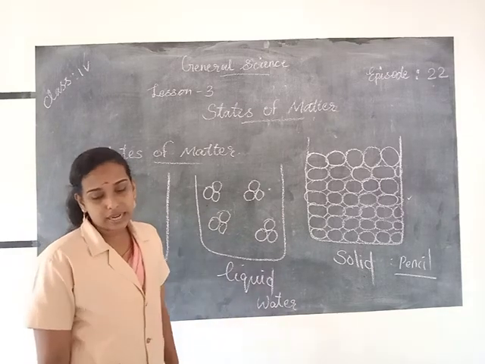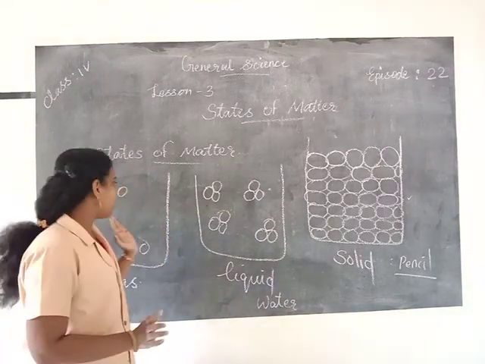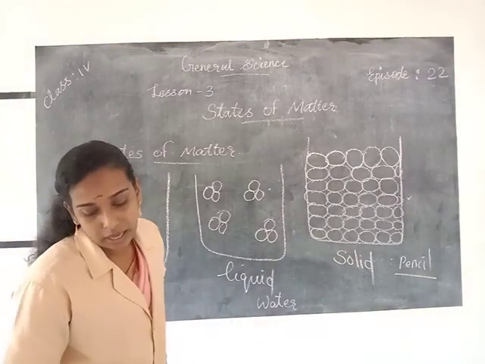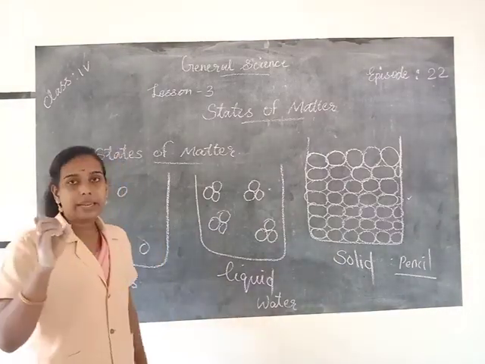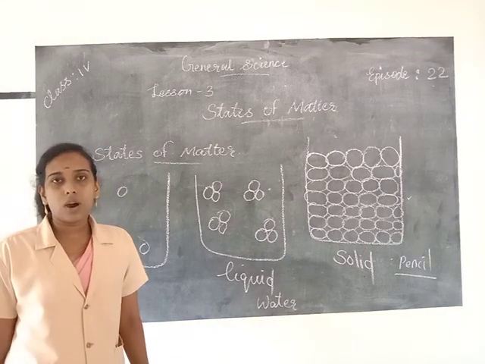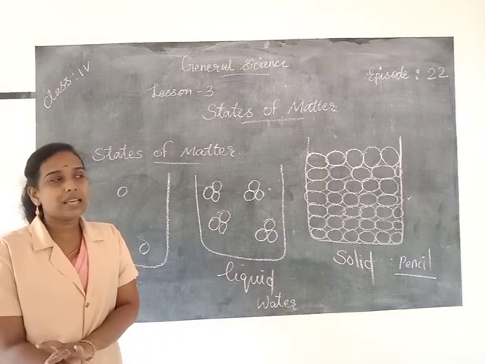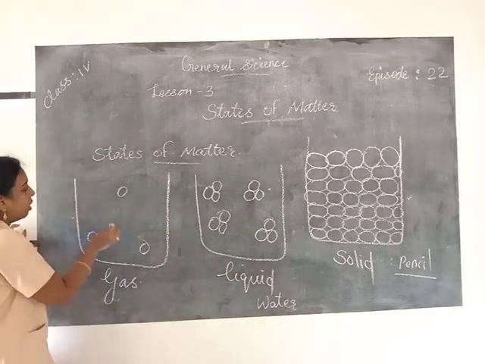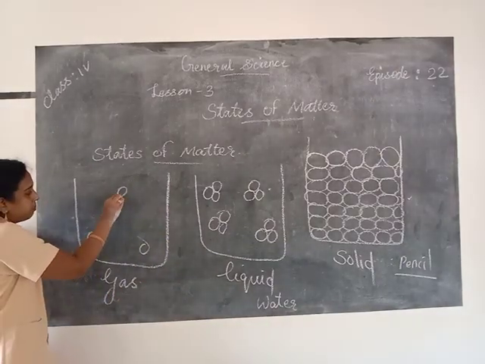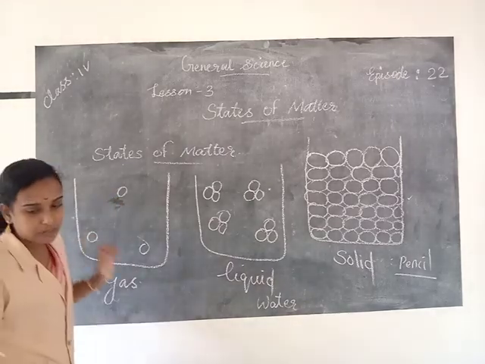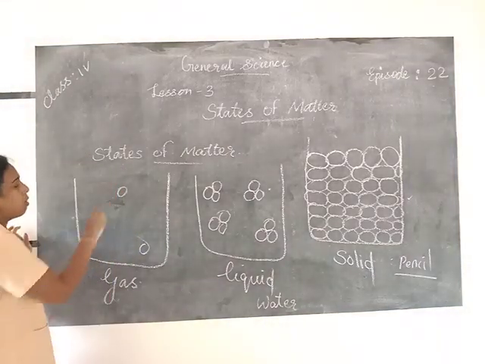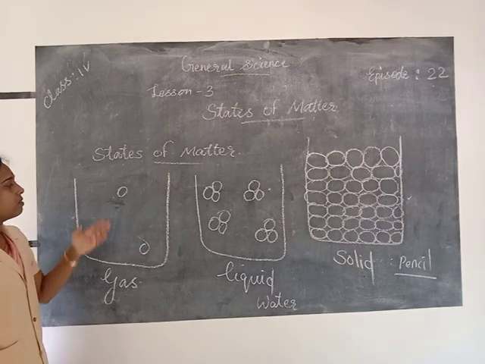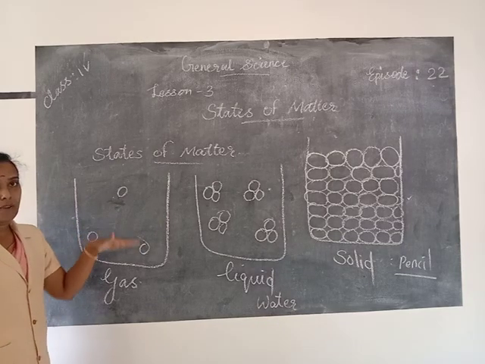And in gaseous state, gas has no fixed shape and no fixed volume. If you boil water in a pan, the water changes into water vapor. Then we can see that the water vapor moves freely because there are spaces between the molecules in the gaseous state. The molecules are far away.